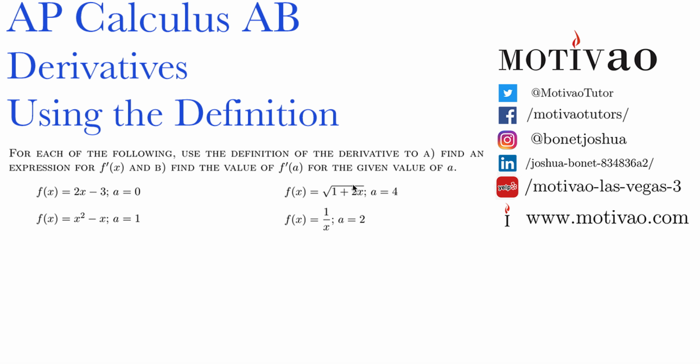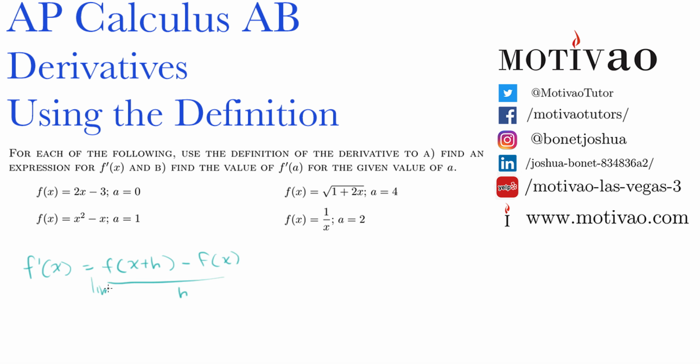In this video, we're going to use the definition of a derivative to find the derivative. Okay, so let's start with the definition. f prime of x equals the limit as h approaches 0 of f of x plus h minus f of x over h.